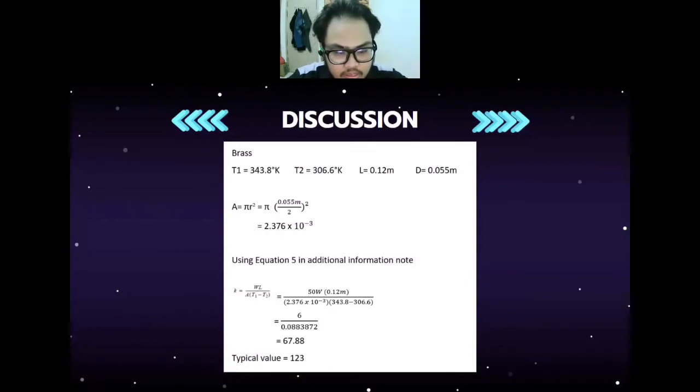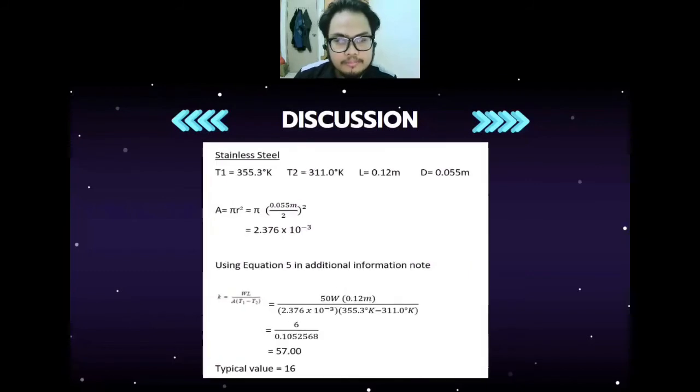Then we calculate the thermal conductivity using 50 watt times the length 0.12 meter over area times the temperature difference. We get 67.88 for the calculated value, and the typical value for brass is 123.